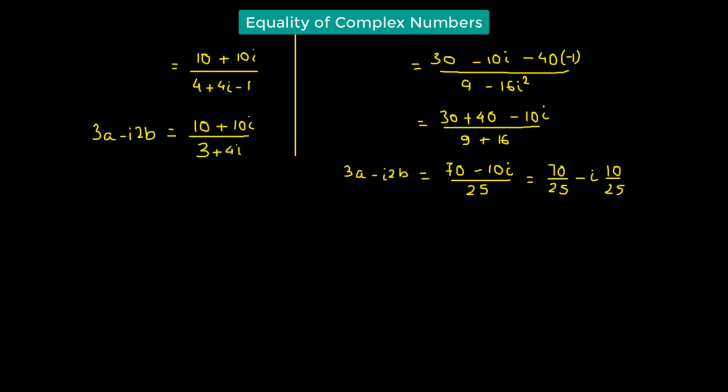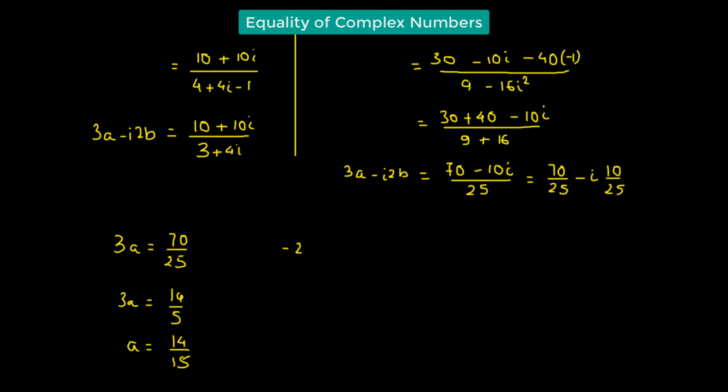So that gives us 3a equals 70 over 25. Now we can divide both the numerator and the denominator by 5. So that gives us 3a equals 14 over 5. So to find a, we divide both sides by 3, so that gives us 14 over 15.